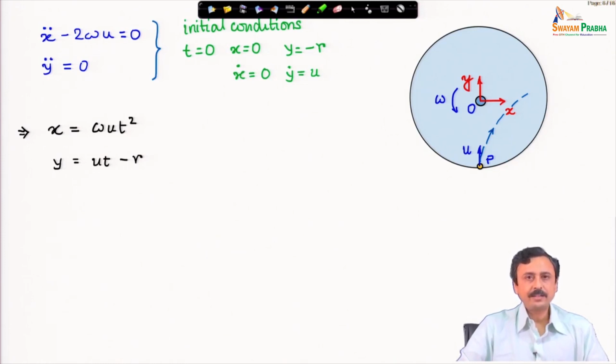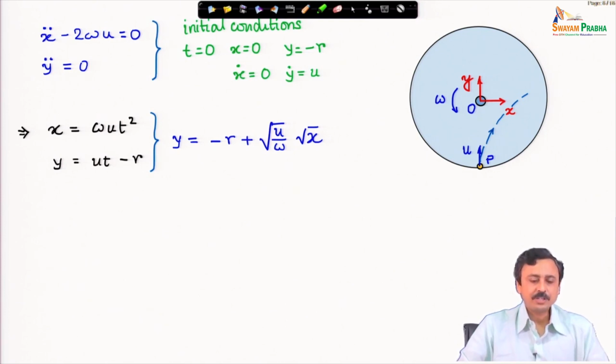If I eliminate time between the two, how will I eliminate? I will solve time from the first equation and substitute in the second. I will get the equation of the path, and this shows that y changes as square root of x. In other words, there is a parabolic relationship.